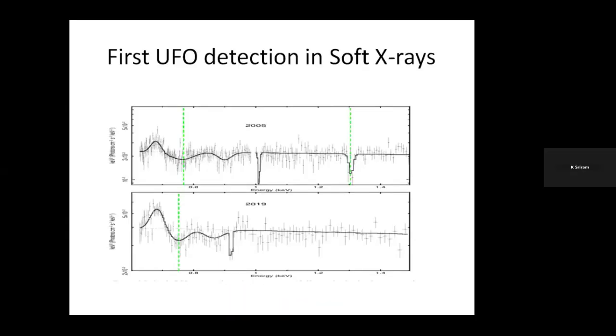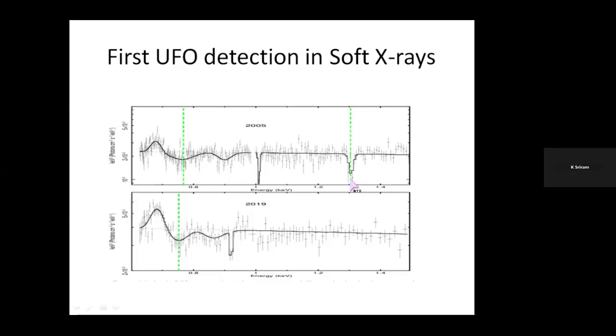Of course, we also detected these blue shifted lines in soft X-rays. We see one at 1.3 keV. This line should be somewhere around 1.2 keV, not shifted.